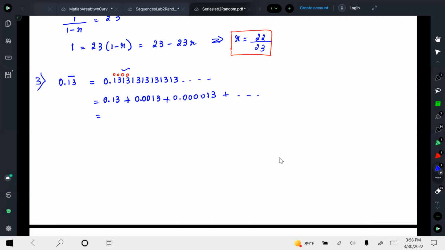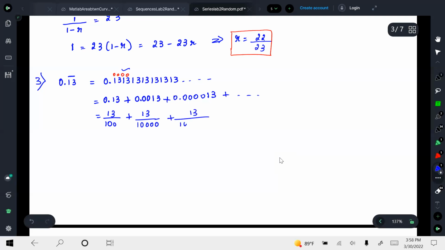Now let us write the decimals in fraction format so that it will be slightly easier to solve. Thus 13 by 100, 13 by 10,000, plus so on.